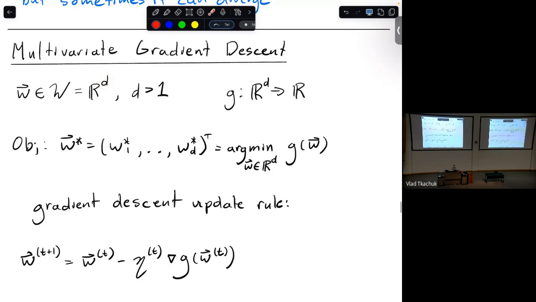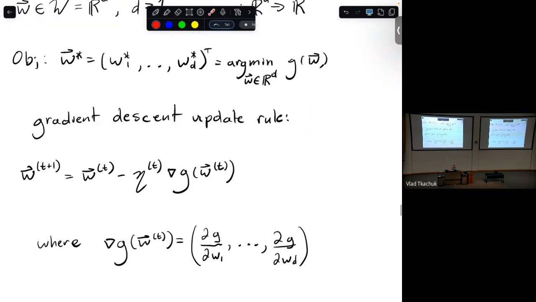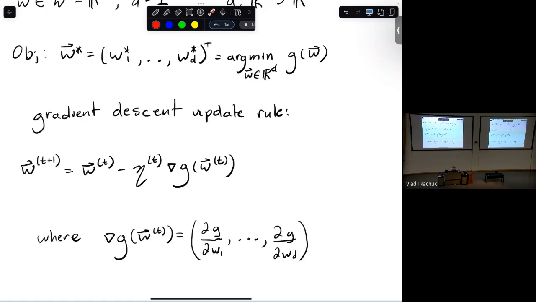And the story is, we want to find the minimizer of a function. This is the value of its input that gives the minimum value. And the gradient descent update rule extends very naturally, in the exact way that you would expect, to this multivariate case. Your next estimate of the minimum is going to be your previous estimate, which is W at time step t, minus some step in the negative gradient.